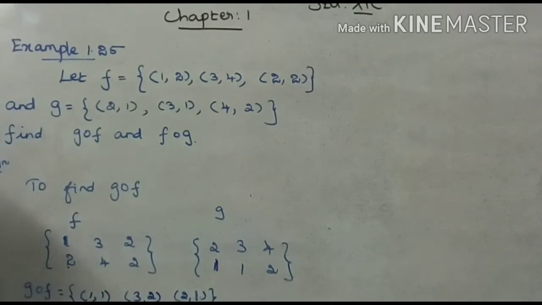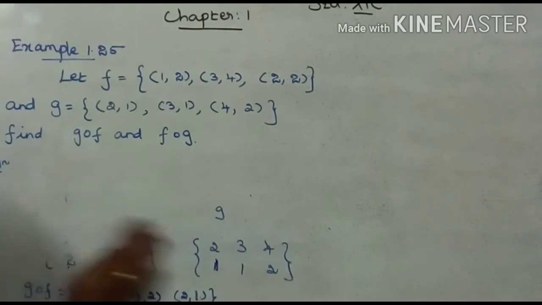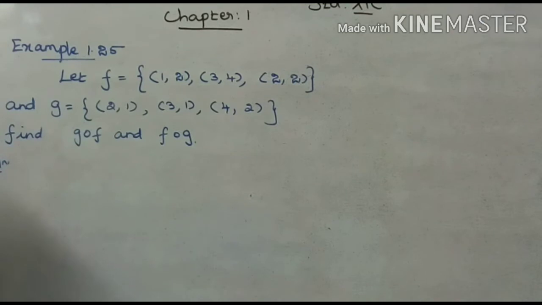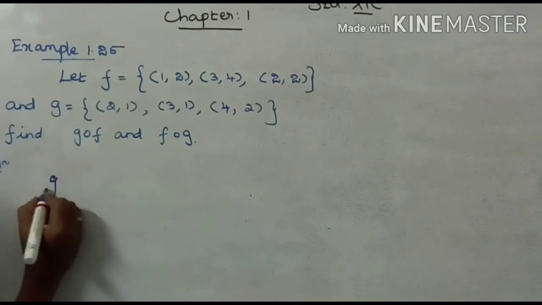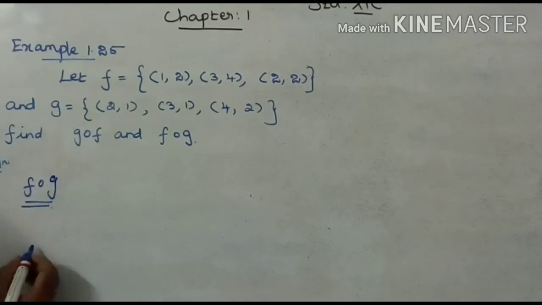Do you understand? So in this way you calculate f composite with g. Now g composite with f. Listen: g composite with f. So which function do you write first?